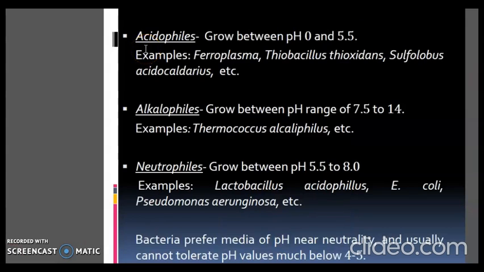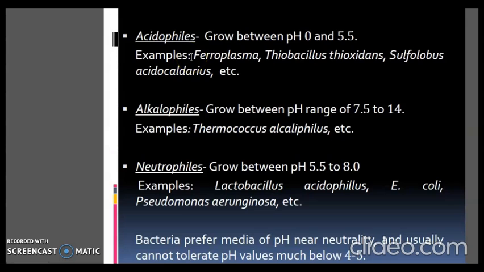So broadly, based on pH, the microorganism can be classified into acidophiles, alkalophiles and neutrophiles. Acidophiles have a growth range between the pH 0 and 5.5. And the examples include Ferroplasma, Thiobacillus thiooxidans, Sulfolobus acidocaldarius.